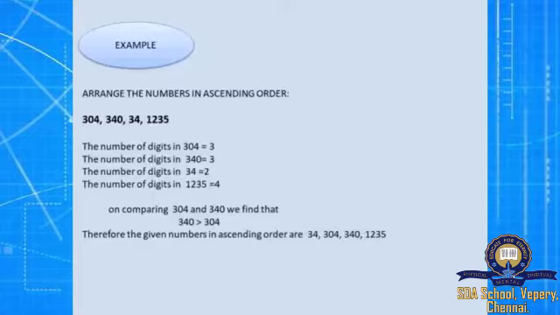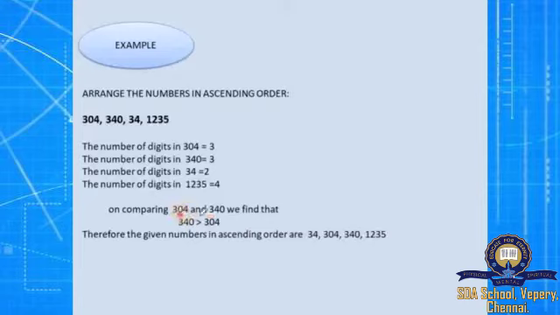While comparing the digits, we can find that 34 is the smallest number. Next to that, we have 304 and 340 having the same number of digits. So we have to compare 304 and 340 in order to find which is the greater number and the smaller number. While comparing 340 and 304, in the first highest place, both have the same digit.